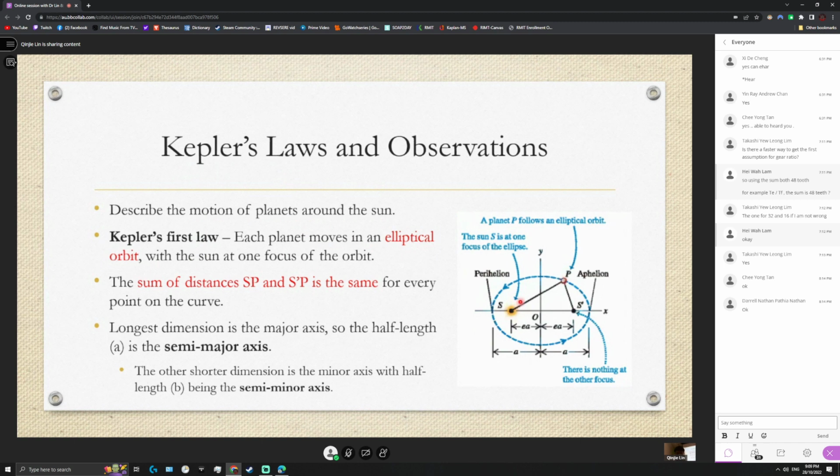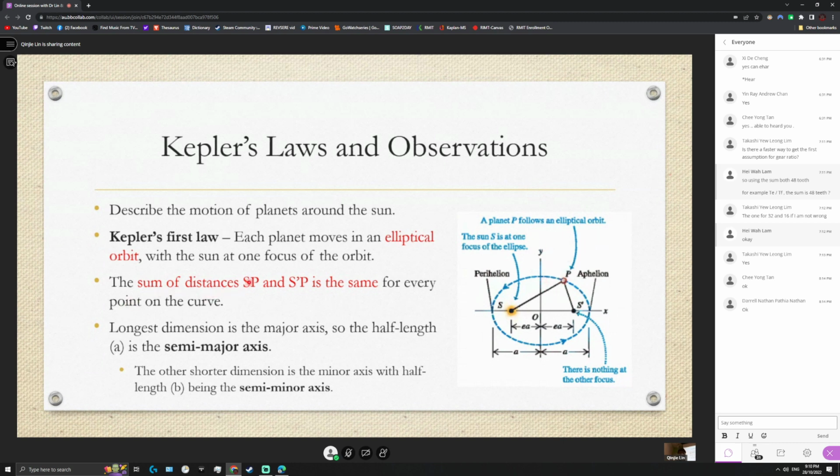If we have a planet moving around in some orbit, it must be moving in this manner, either direction, such that if you draw a vertical y-axis, there must be an imaginary S at the same distance on the other side, and this will form an ellipse. This is how a planet will move around a sun, not just in our solar system. You must follow these Kepler's laws.